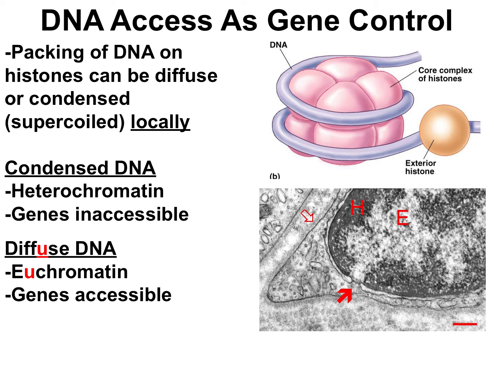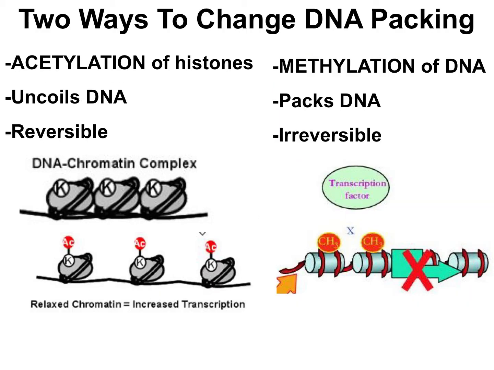And I'll relate this back to our mnemonic from before. We said diffuse DNA is DNA that is being used. And another name for this is euchromatin. Hopefully that's helpful. Now, DNA is packed or unpacked by adding two different chemical groups, acetyl groups and methyl groups.